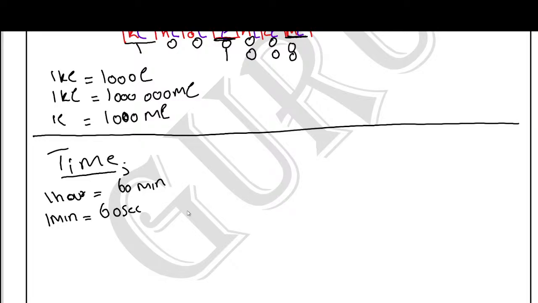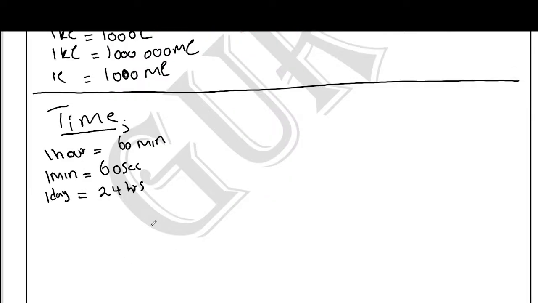Isn't that odd? Okay? And you know that 1 day, anyhow you want to put it, has 24 hours. Okay? And then you know that 1 week is equal to 7 days. Okay? And you know that 1 month is equal to 4 weeks.